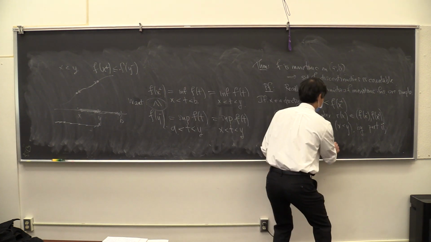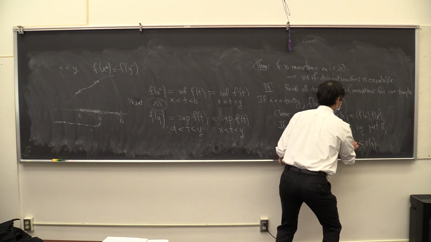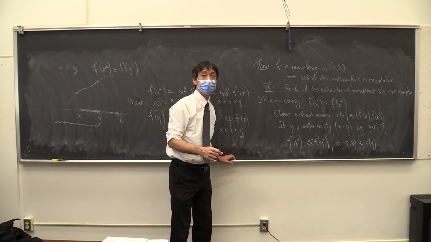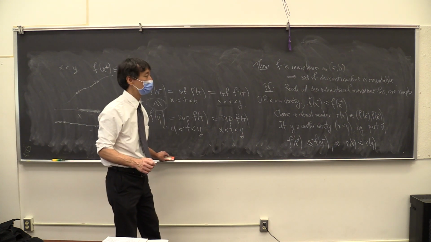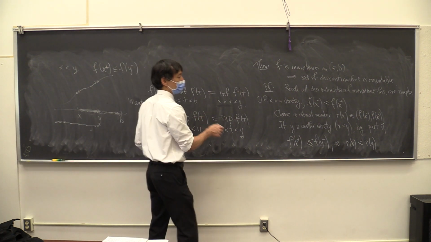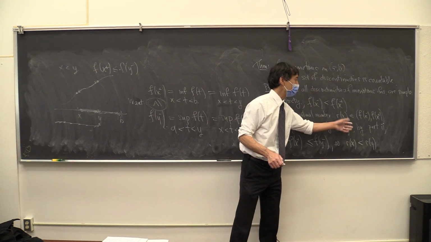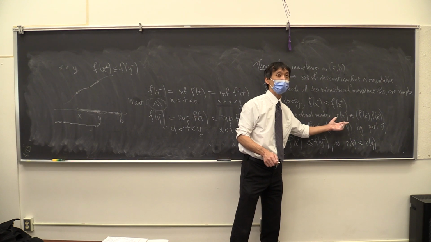Right? So Ry will be strictly bigger than Rx. So the only concern is maybe that you associate the same rational number with two discontinuities.